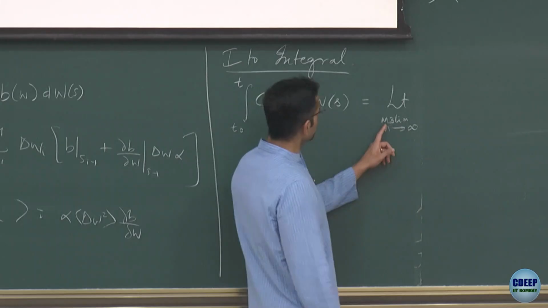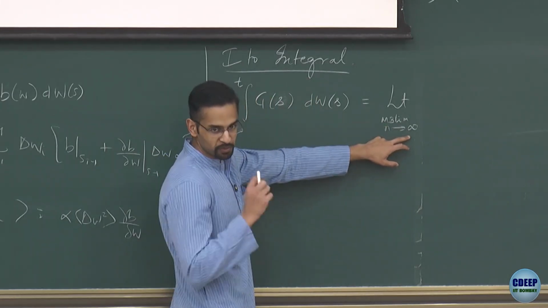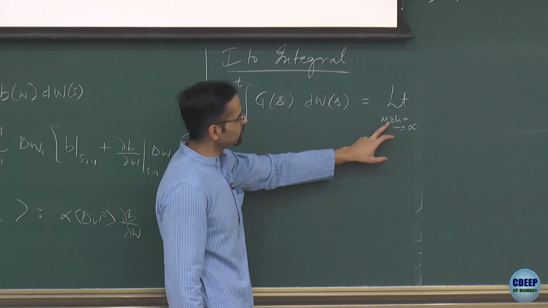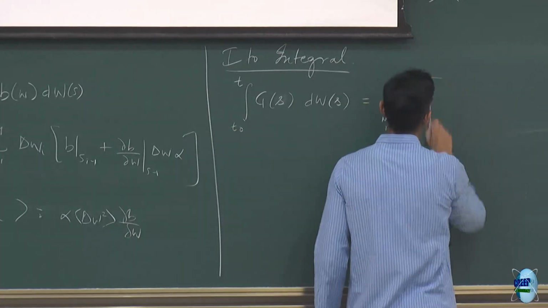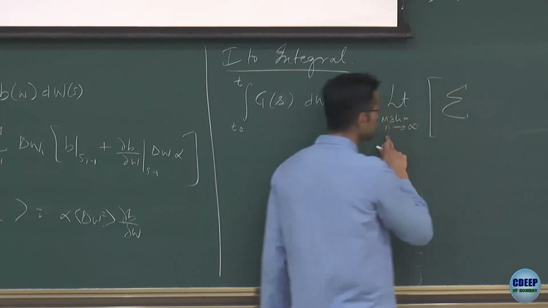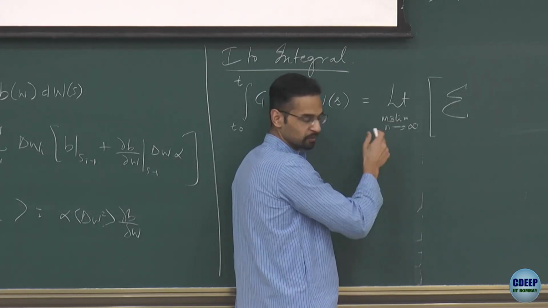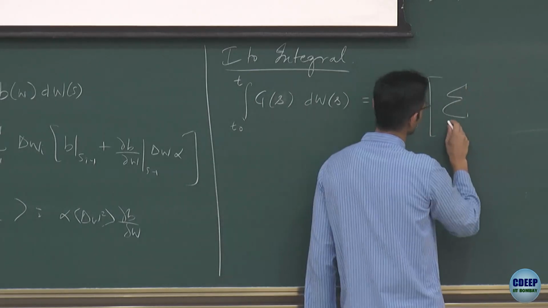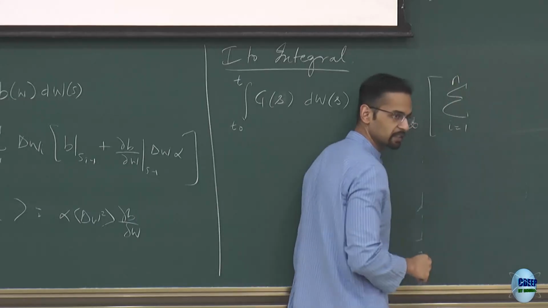I'm going to say that it's the limit of n going to infinity, where n is the number of steps, but in the mean square sense. That's why I said mean square limit. We'll see what that means in a second. So it's some appropriate way of taking the limit of the number of steps of the integral going to infinity, where the partial sum is being defined as i going from 1 to n, the number of steps.